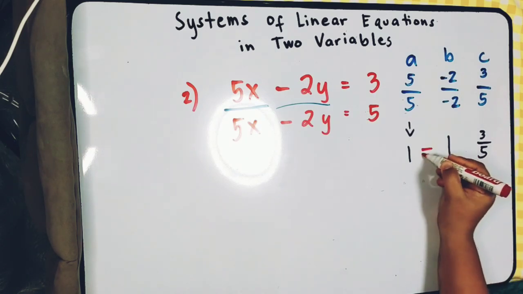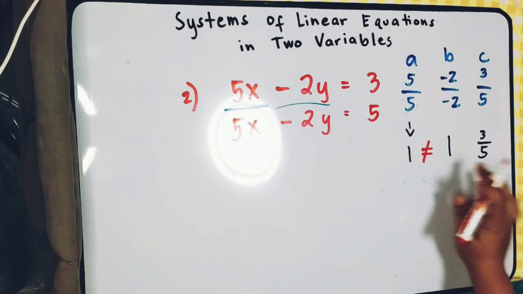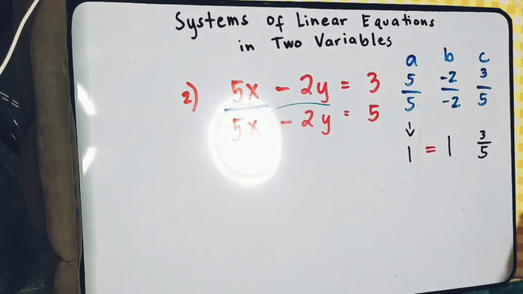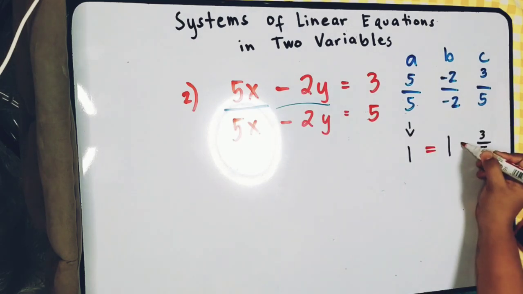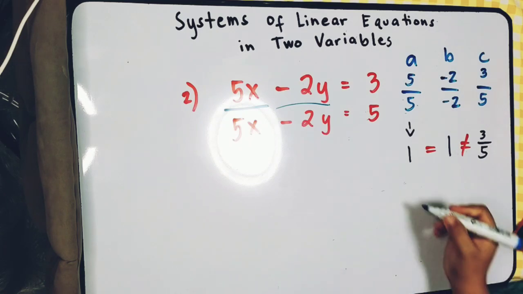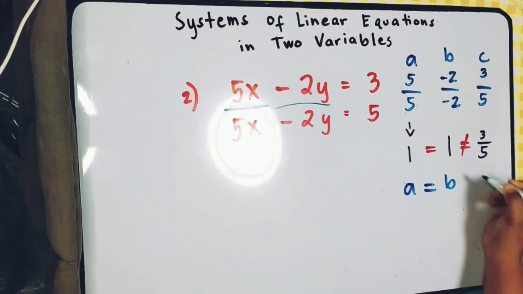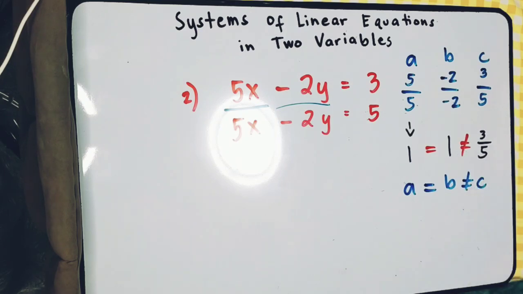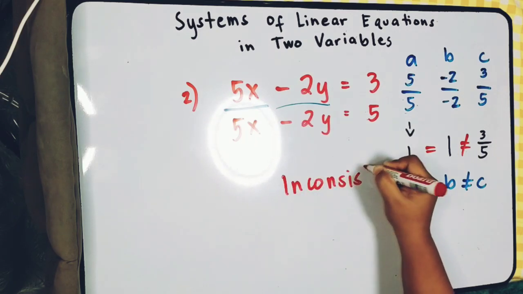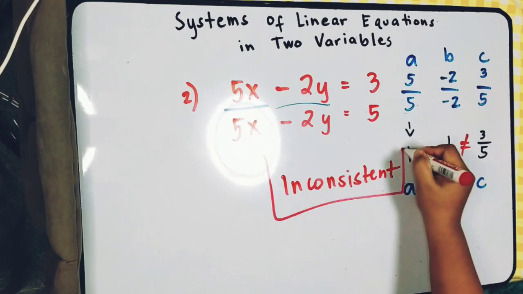So, 1 is equal to 1, but not equal to 3 over 5. So, therefore, since si A ay equal kay B, but not equal to C, therefore, di ba, pag si A and B lang ang equal, okay, the system now is inconsistent. Okay, so ito na yung answer.